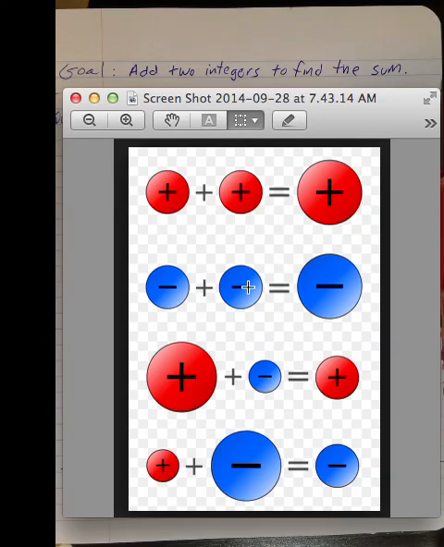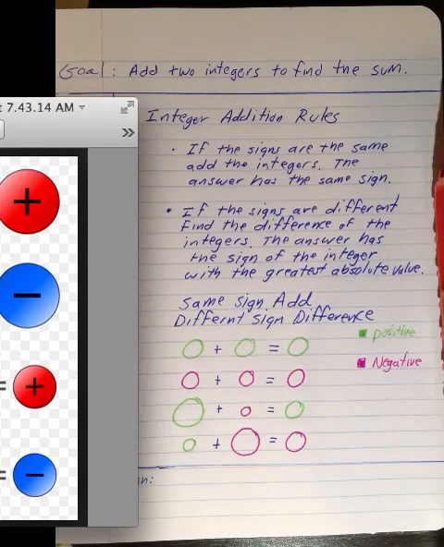A negative plus a negative is even more negative. If the value of the positive number is bigger than the negative number, then you subtract and the answer is positive. If you add a positive and a negative number together, and the value of the negative number is larger, it's farther away from 0, you subtract and the answer will be negative. And this graphic will be up in the room.